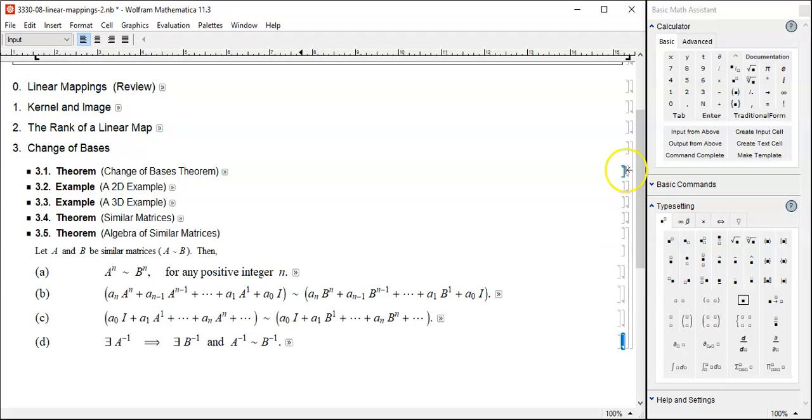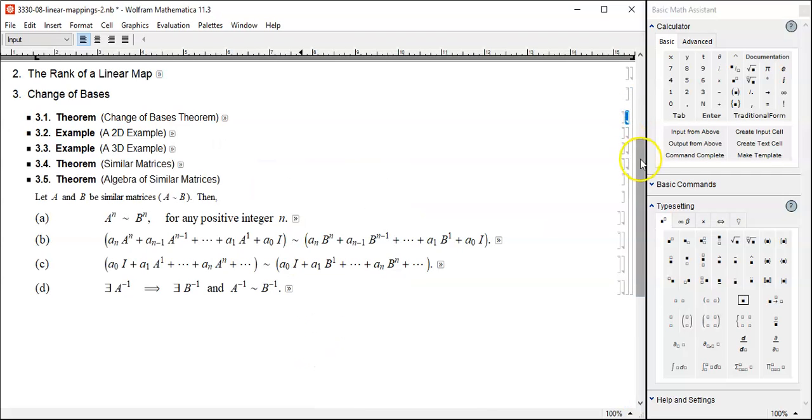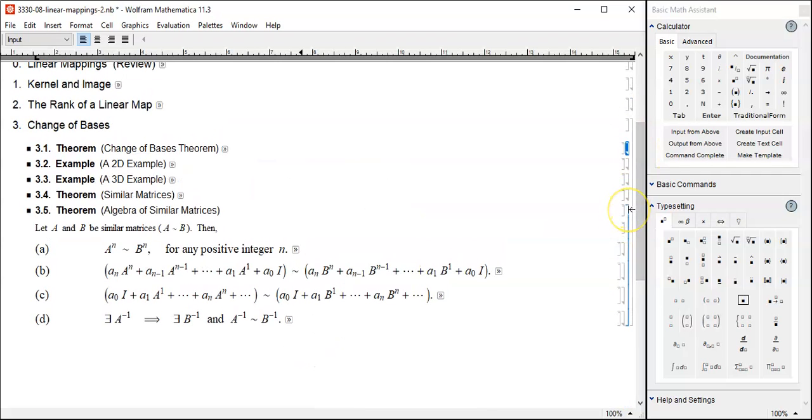Okay, let's recap. We're going to do this in a separate video, too complicated. If you have a linear map from one vector space to another with set bases, then that linear map is associated to an n by n matrix. Now, if you have different basis systems for both vector spaces V and W, then you're going to get a different matrix associated to the same linear map.